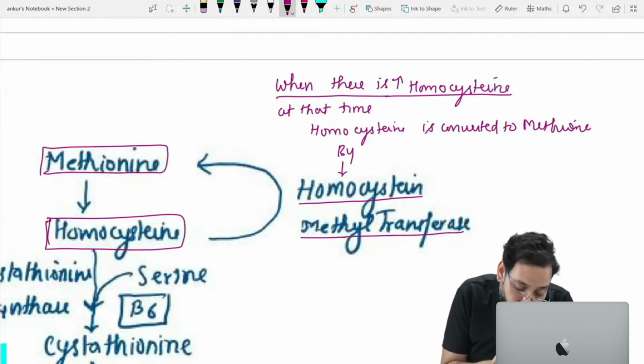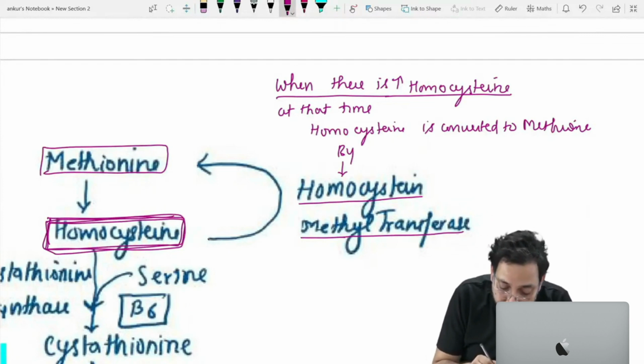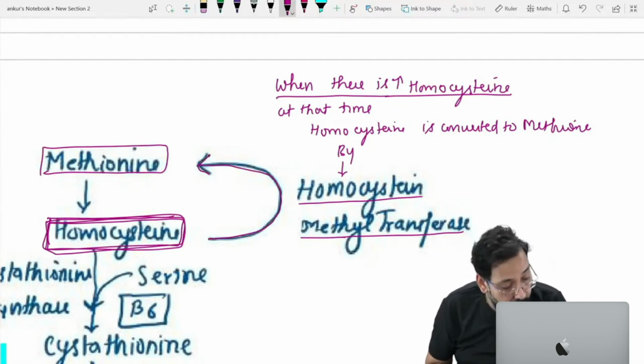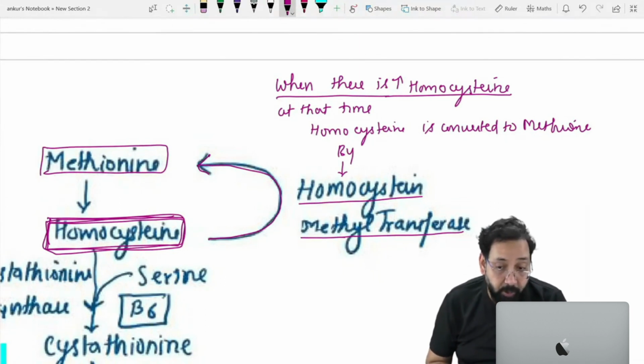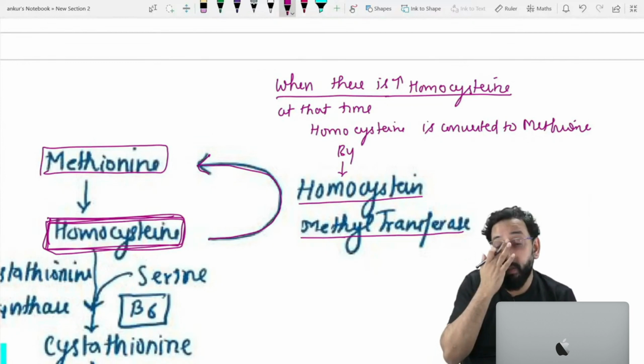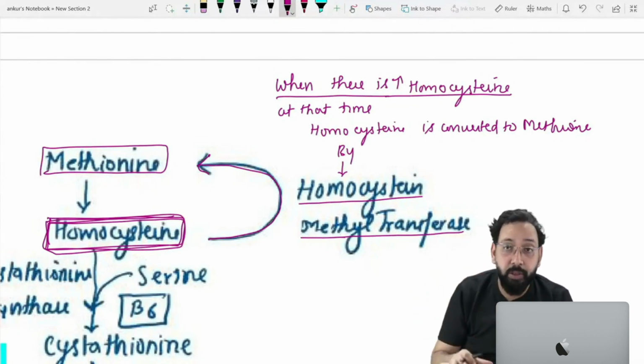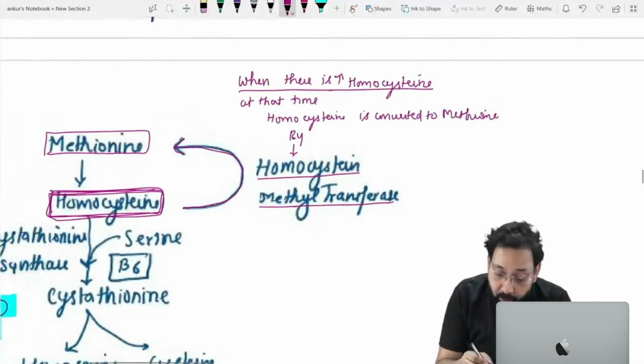Means if I transfer a methyl group to homocysteine, it will be converted to methionine. So in our body, whenever homocysteine increases, this extra homocysteine is converted to methionine by which enzyme?